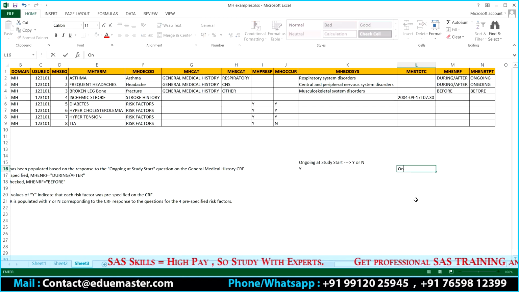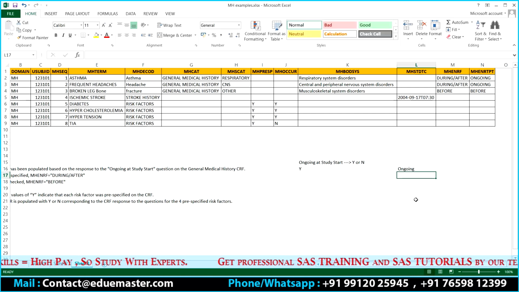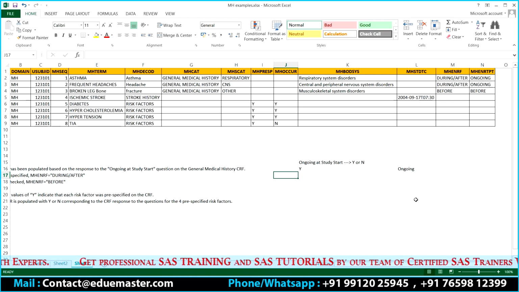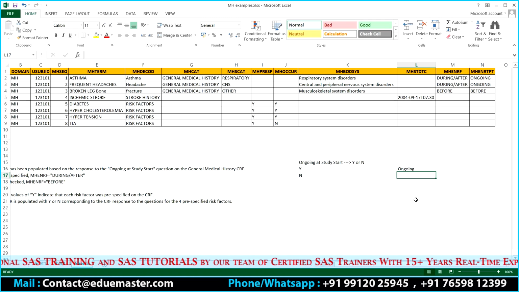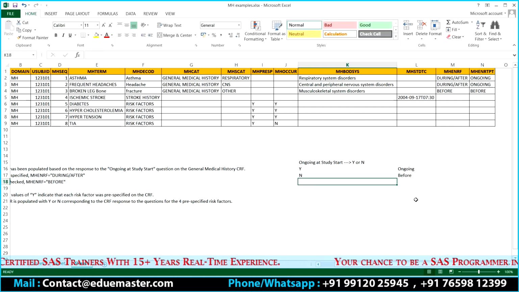The reference is ongoing. Is that clear? If it is no, for example, this event already happened. It happened in the past, that is, before your medical treatment. So it will be before.